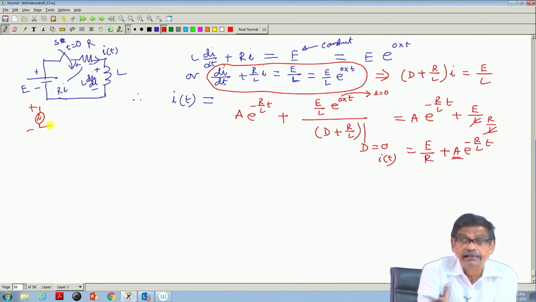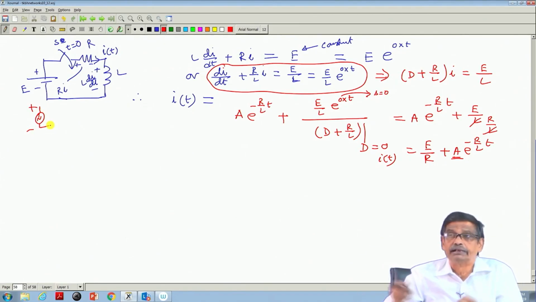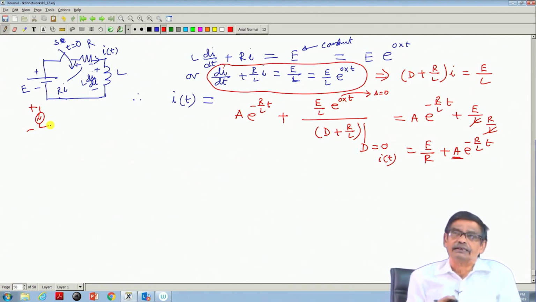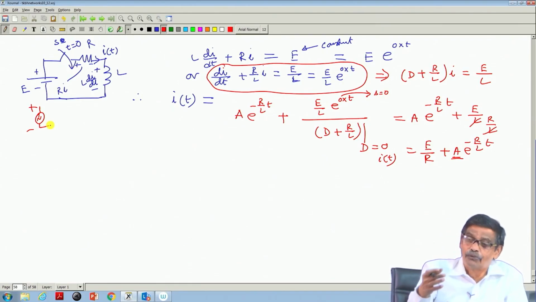You cannot apply this, mind you, for any arbitrary voltage source or current source. But an important signal in network analysis, in signals and networks, is the sinusoidal signal. Therefore, it is worth studying why it is like that. Later we will tell you something more about this.